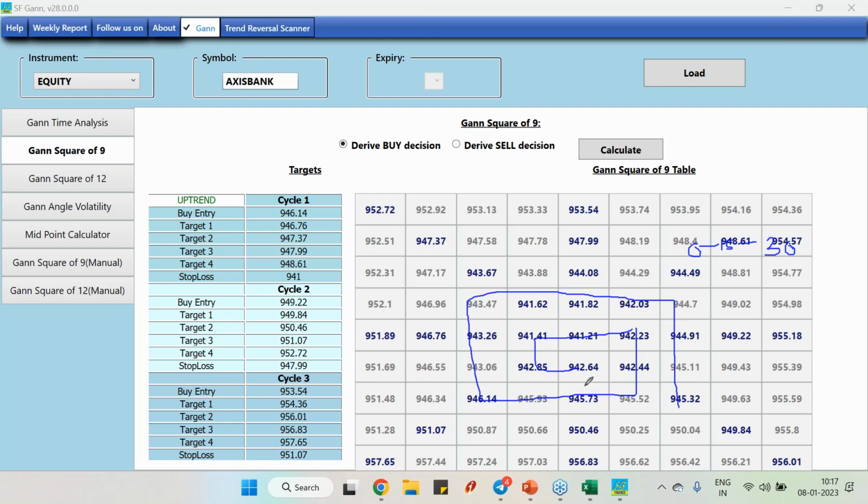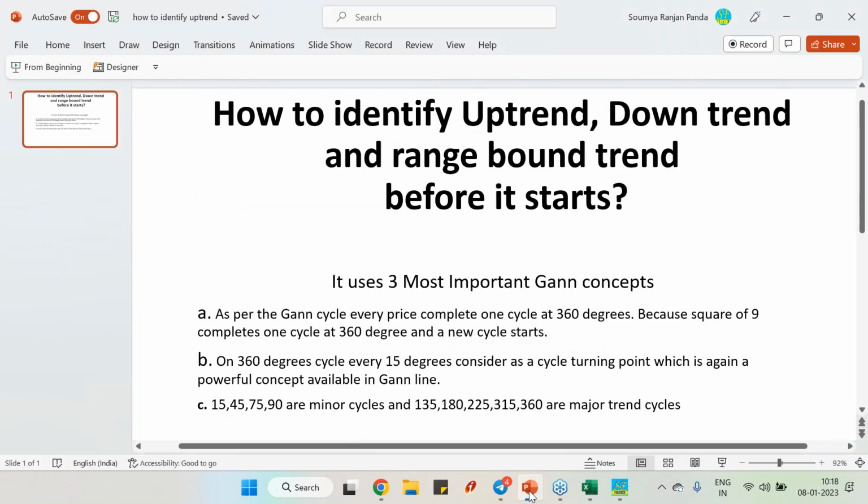Every 360 degrees, one rotation, we complete one cycle. Once one cycle completes, we go for the next cycle, and price is a non-ending thing, so it goes on with infinite cycles.